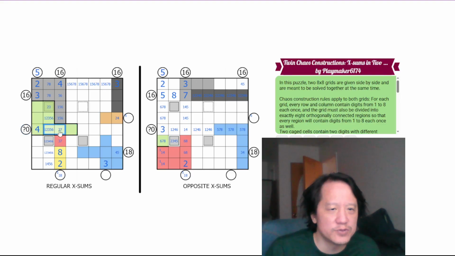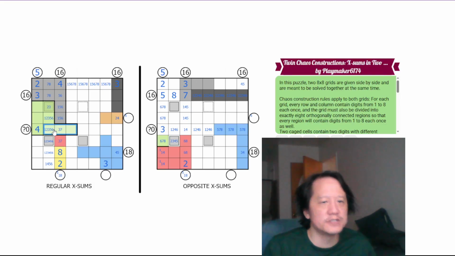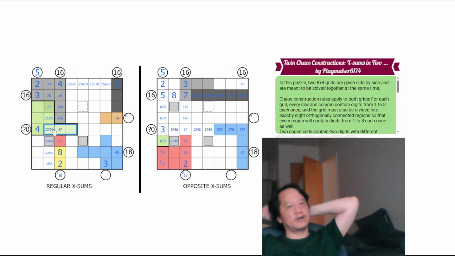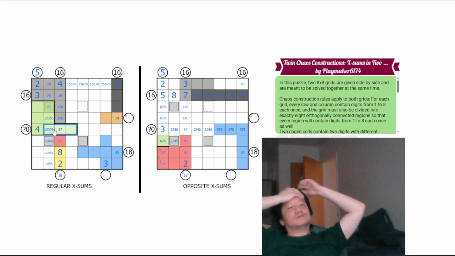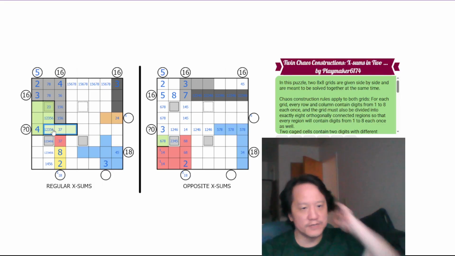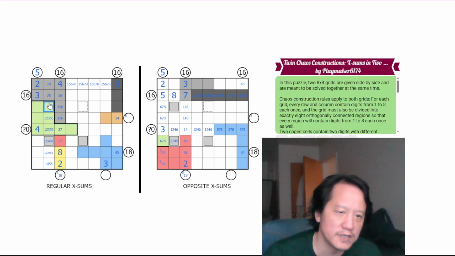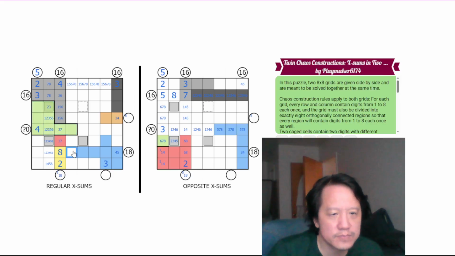20. This adds up to 20. So 3 digits adding up to 16 there. Which means these 4 digits add up to 16. This is 8.